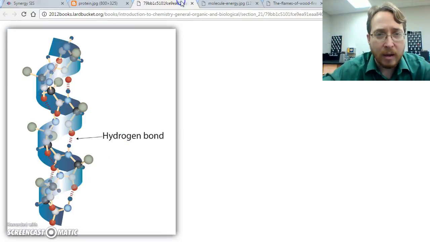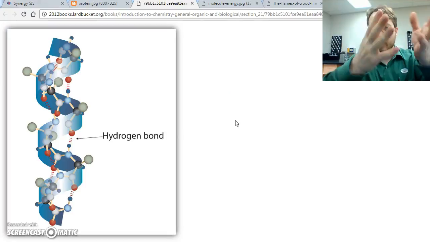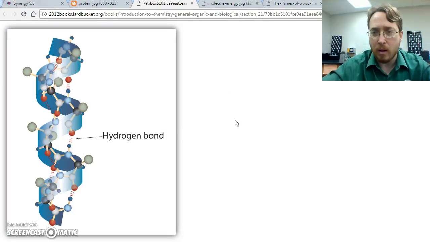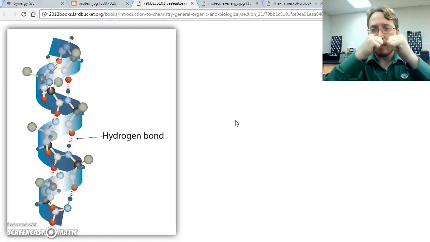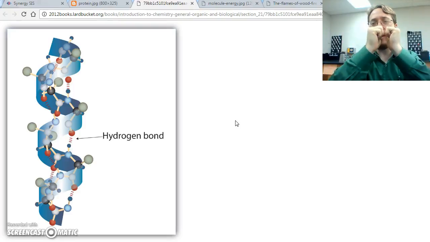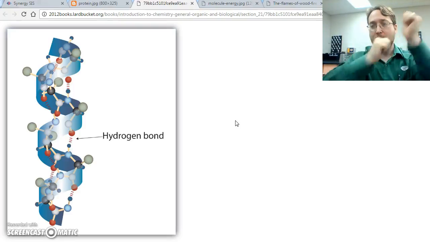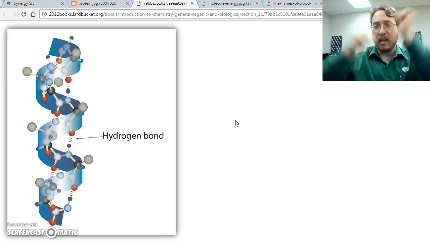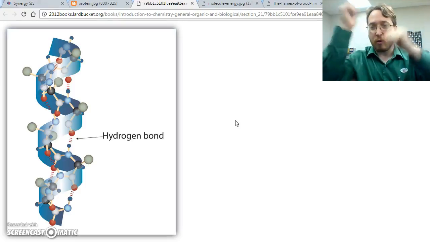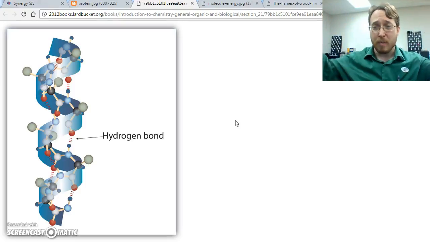Well, if we go back here and we heat this up, we transfer heat to this molecule, we have more heat. What's going to happen is the particles that are attracted to each other because they're really close are going to start to vibrate. And when they vibrate, as they increase in heat, there are going to be times where they're farther apart from each other, and at some point, they're going to be far enough apart that they are too far apart to feel that electromagnetic attraction anymore.